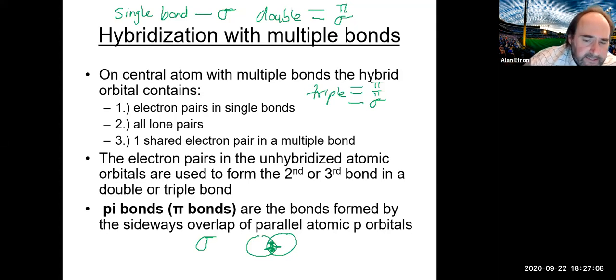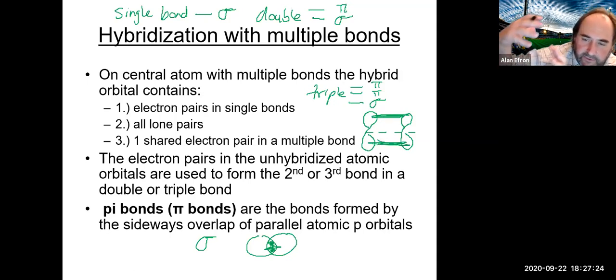The difference is, if you imagine the bonding plane, these unhybridized p orbitals don't go right at each other, but overlap above and below the plane of the bond in 3-dimensional space. It gets a sideways overlap, which is your pi bonds rather than your sigma bonds.